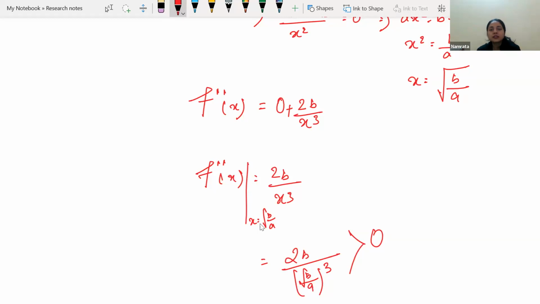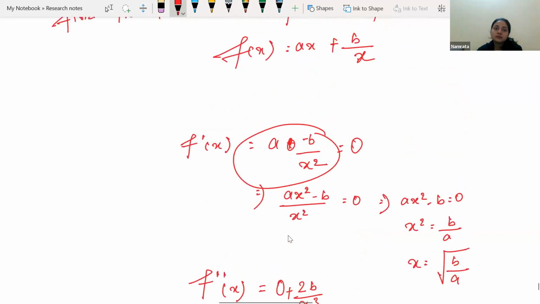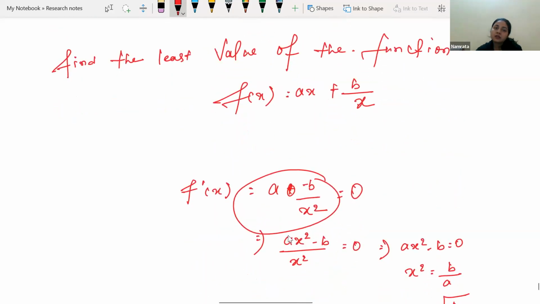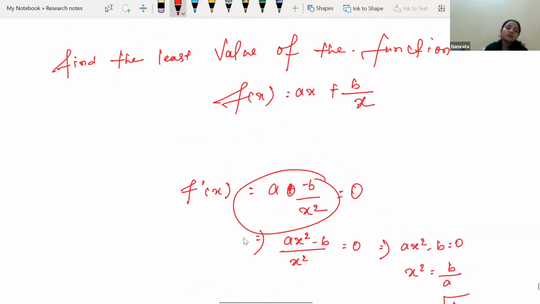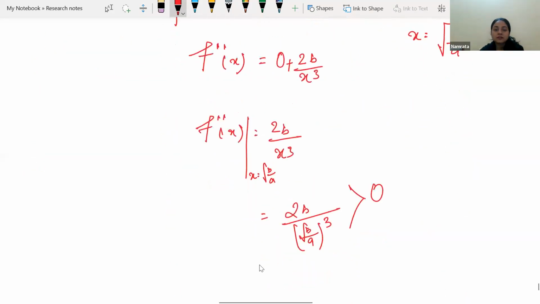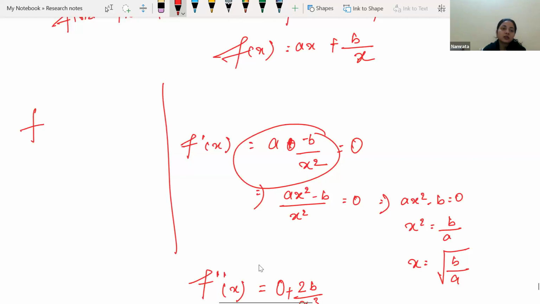And this is the point of minima. So we got that this is the point of minima. We have to find the least value of the function, so we will find the least value at root b by a, the critical point, which is the point of minima.